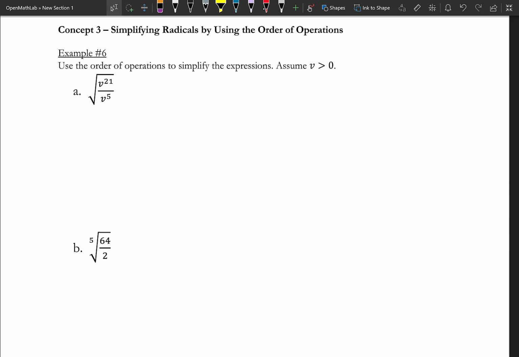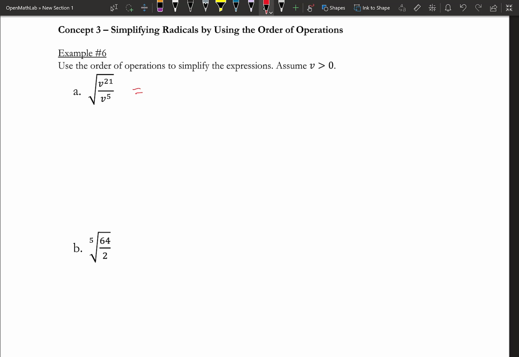So then concept 3, we want to simplify radicals by using order of operations. So in part A, the first thing we'd want to do before applying the square root would be to divide. Here we want to use the exponent rule when I divide, where I subtract their exponents.